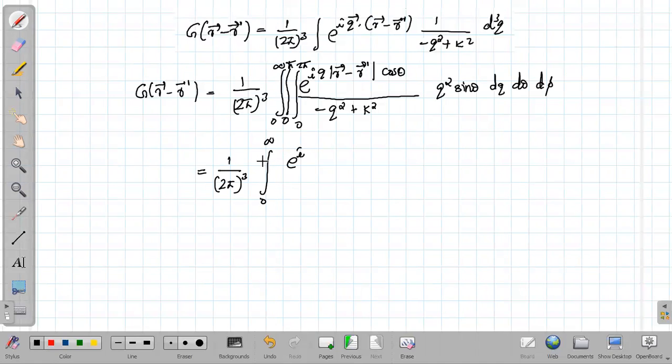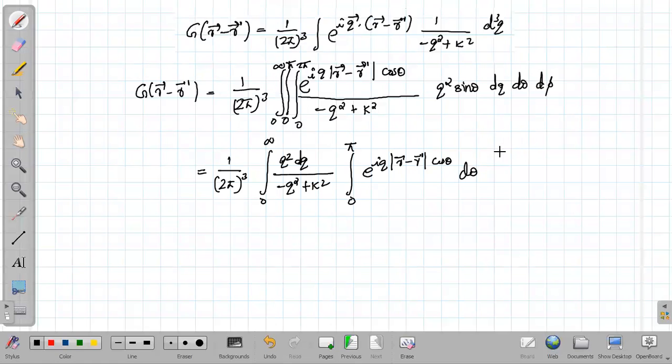Okay, before going to that, first we have to integrate over theta. So that will be 1 upon 2 pi cube, integral q square dq divided by minus q square plus k square, integral 0 to pi e raised to i q modulus of r minus r prime cos theta d theta, then integral 0 to 2 pi d phi.